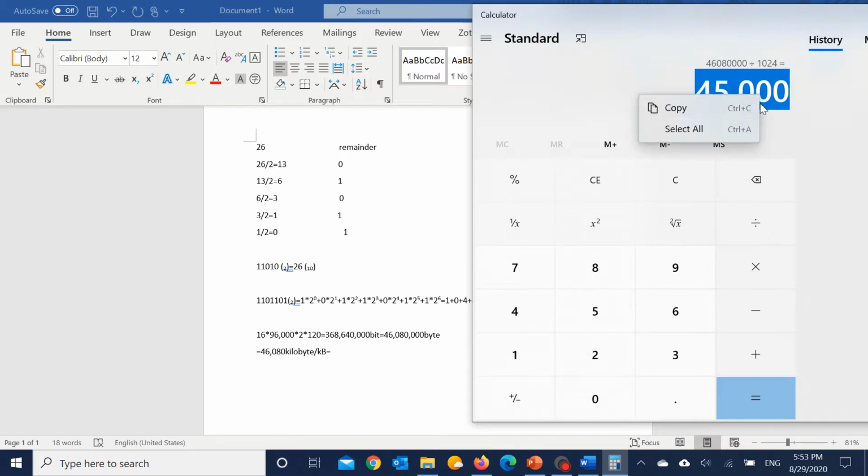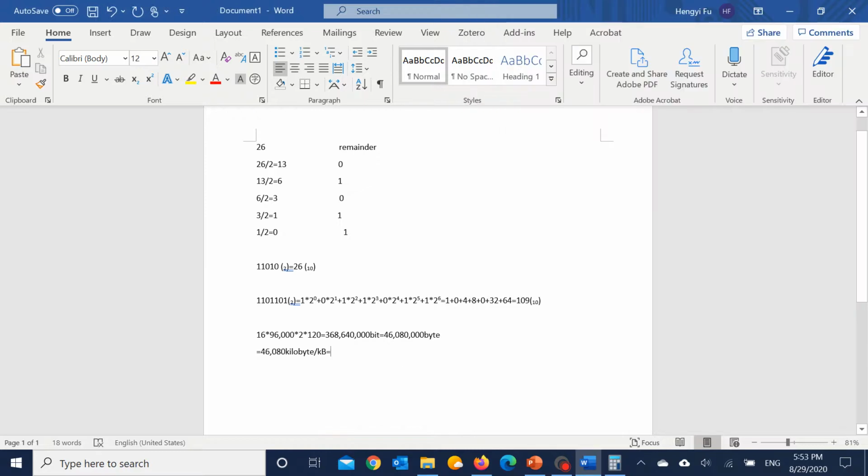We can also say 46,080,000 bytes is 45,000 kibibytes. So actually, I think this one is more popular. But if you want to use kibibyte, you should write it as KiB, so both K and B should be capitalized. So either number is correct as long as you use the correct corresponding unit.